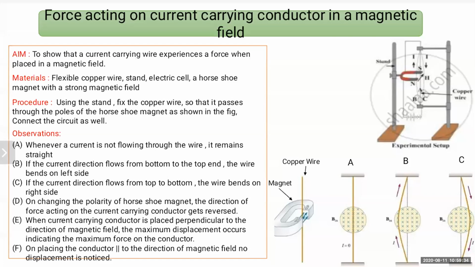The wire bends towards the left side, which is the position B.